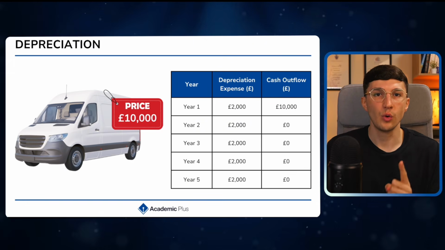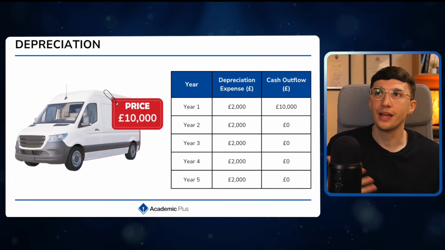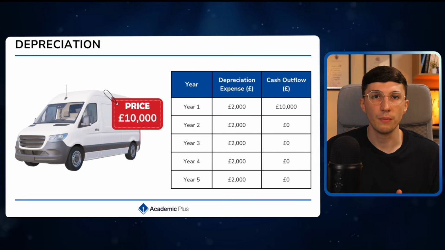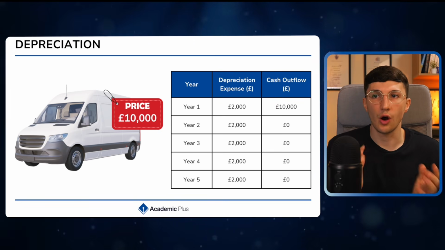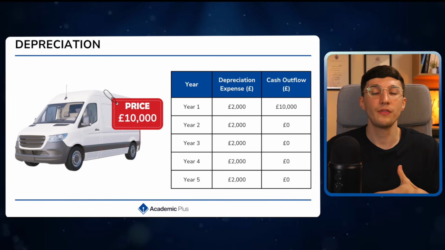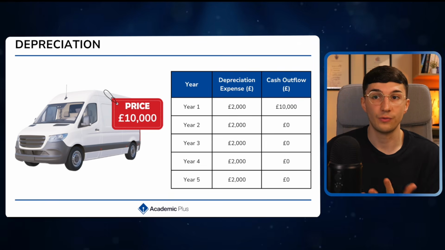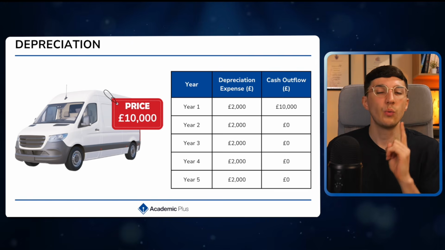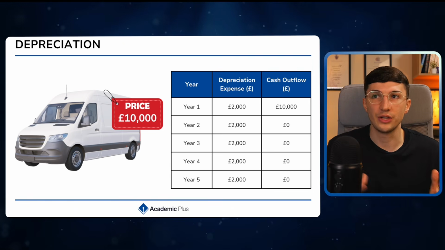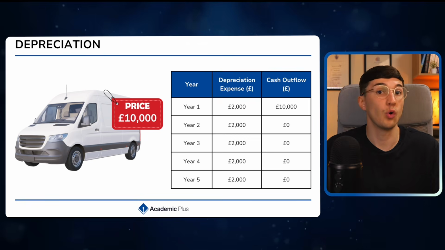But the way we record the cost is, well, we can't just say it's £10,000 in cost in year one because it's going to last us 5 years. So what I do is I look at the cost of the actual non-current asset, divide that by how many years I think it's going to last for, and then spread that expense over that year period. Now, we would have to potentially factor in whether we scrap the non-current asset afterwards or whether we could sell it.